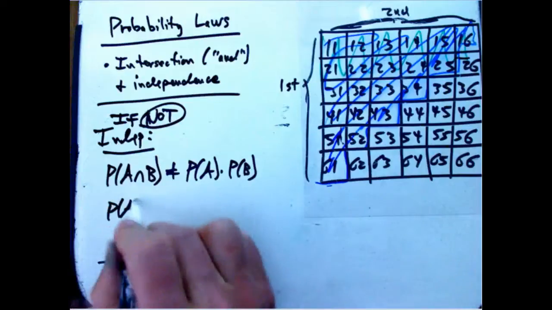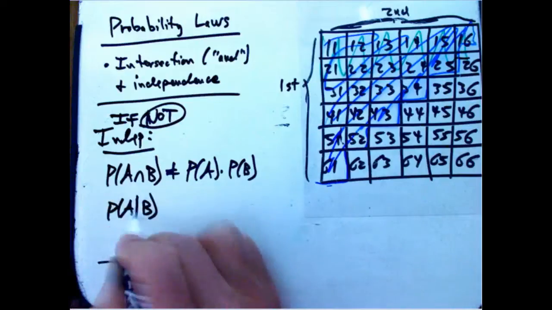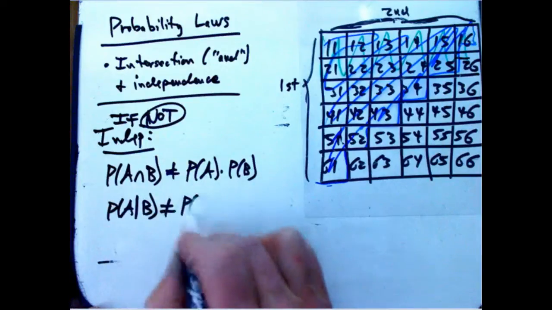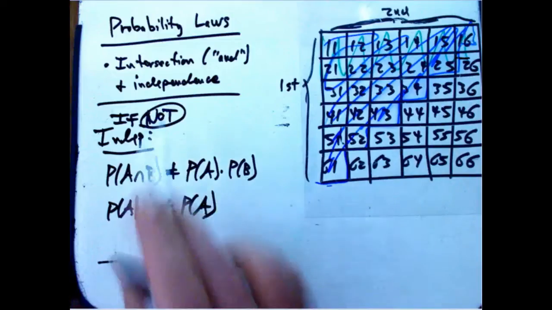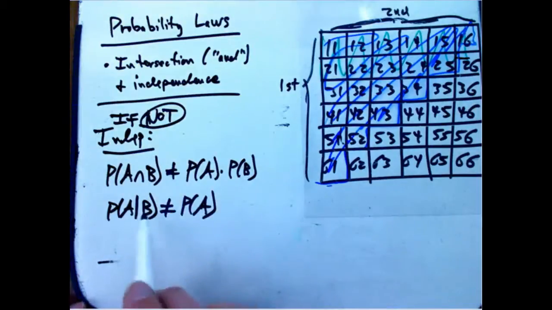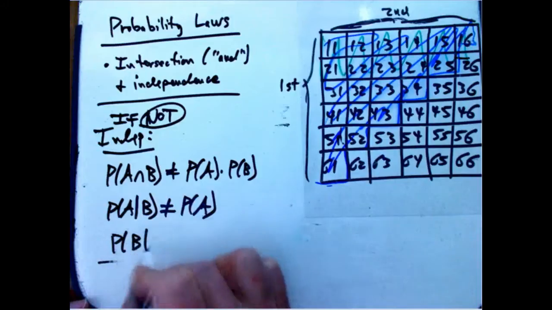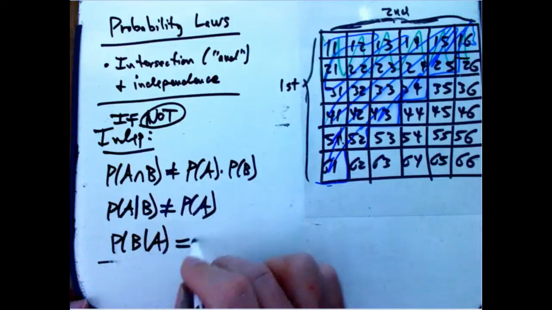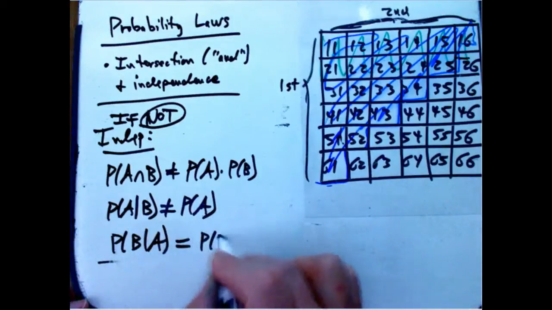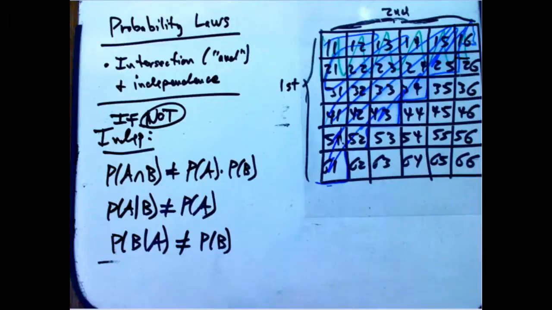The probability of A given B, the conditional probability, will not be the same as the probability of A. Saying that it's not independent says that knowing B has happened will affect the probability of A, and it's symmetrical. It says knowing A is true will affect the probability of B. And there's more to say about this, certainly, but that's a good start and a long enough video.